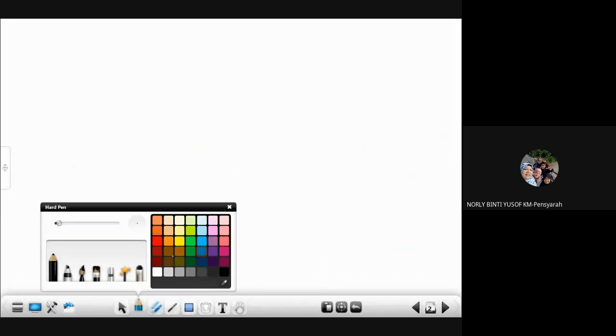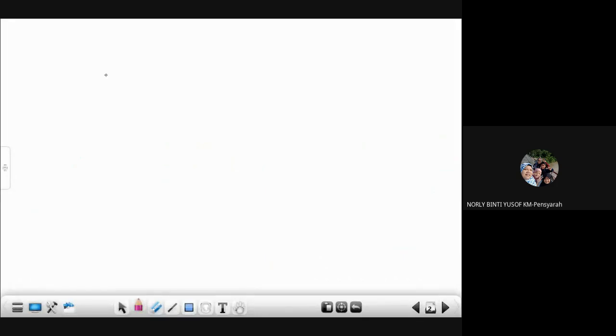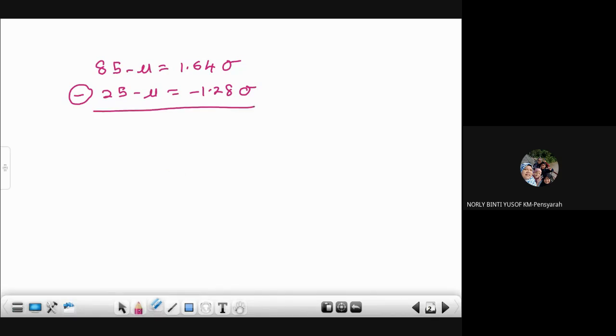Now we solve the simultaneous equations. In the concept of simultaneous equations, let's say I take elimination, equation 1 minus equation 2. You can also do substitution, it's either one. That is the concept of simultaneous equations. So for example, subtracting, you get 2.92 sigma.